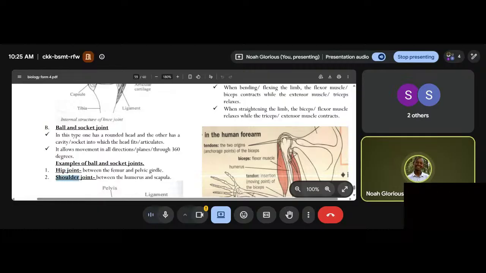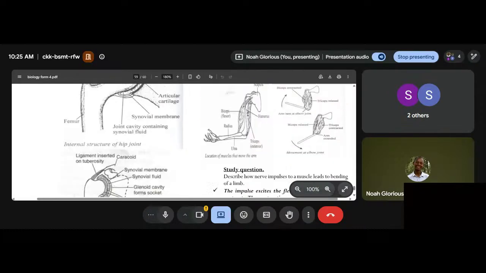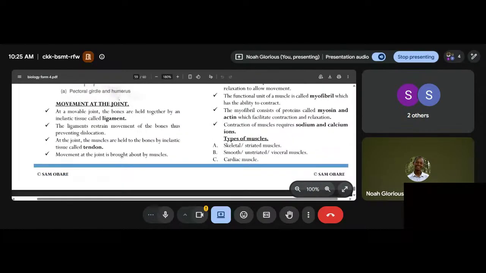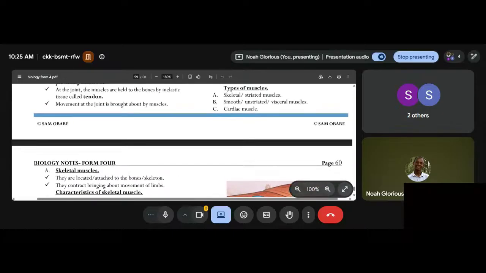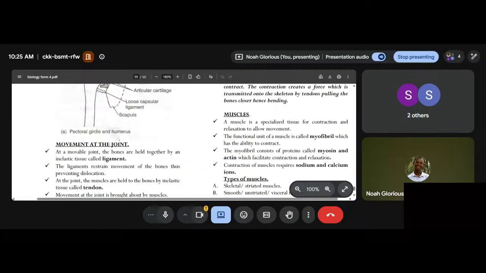So what is the difference between a ball and socket joint and a hinge joint? What difference can you identify? Well, in my opinion, the difference is how it moves. The hinge joint allows movement in 180 degrees, and the other one allows movement in 360 degrees.